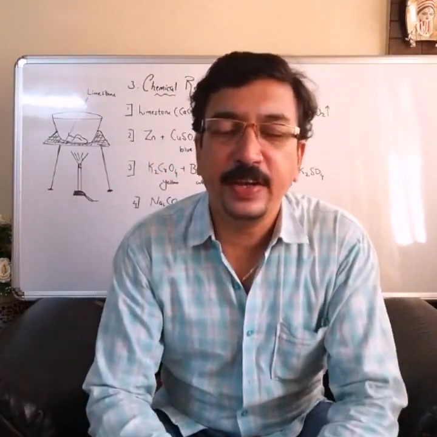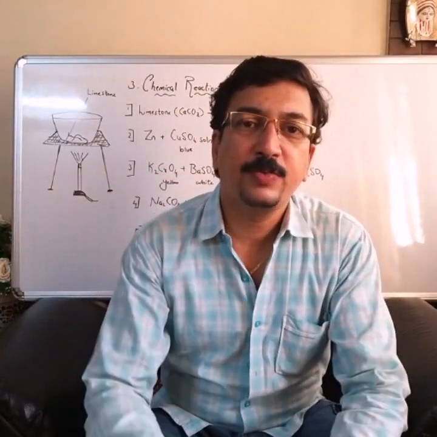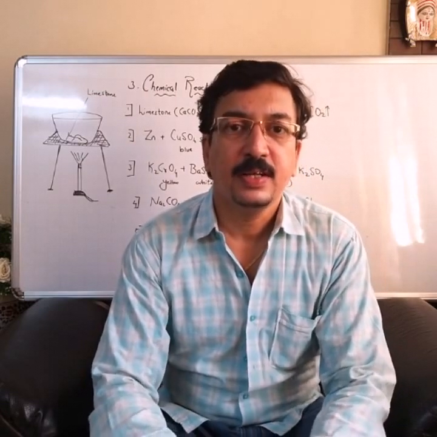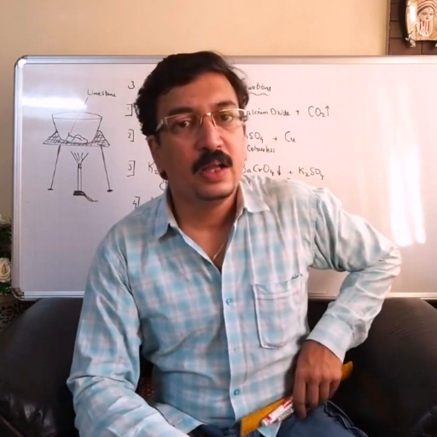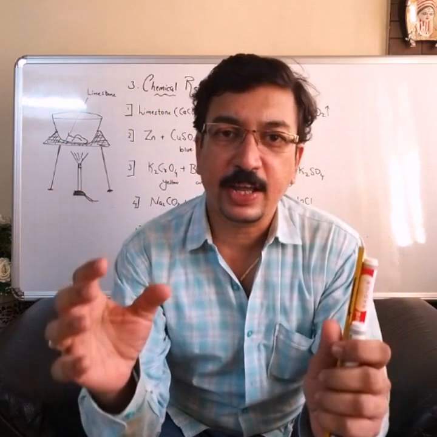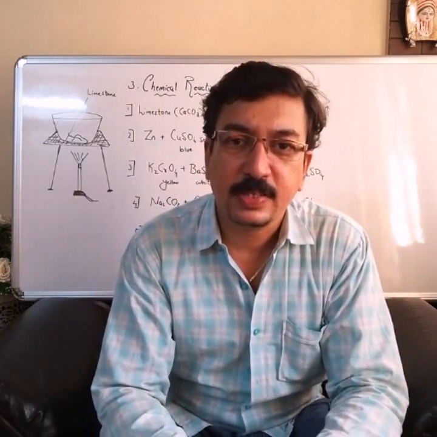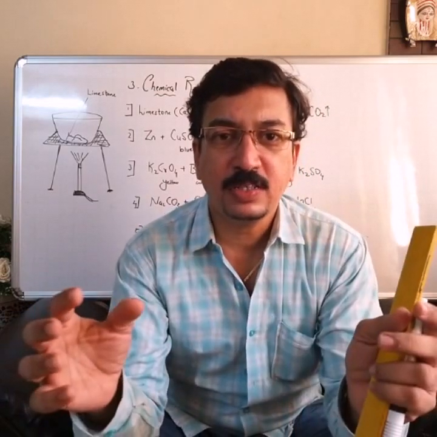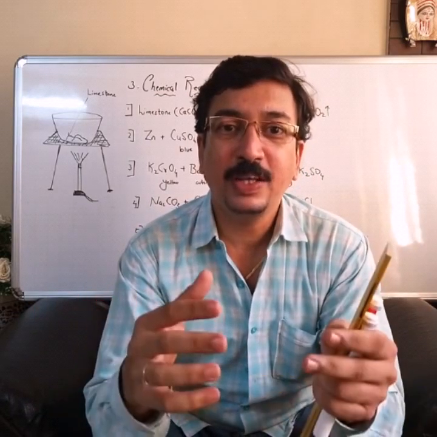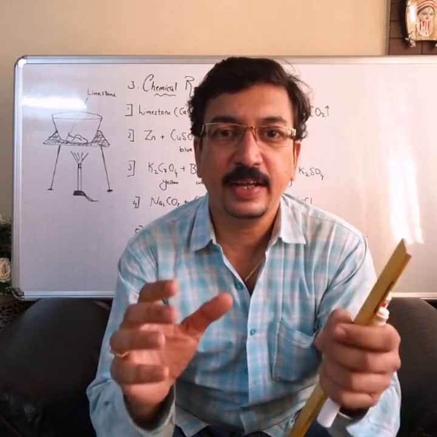Now from these five reactions, we try to understand what is a chemical reaction. See, in a chemical reaction, breaking up of bonds takes place, and formation of new bonds takes place. Breaking up of bonds leads to formation of new substances. Getting it?